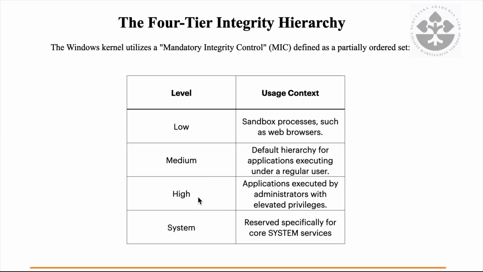But the high level is for applications that should be performed by the administrator with higher or elevated privileges. However, it doesn't mean that any local administrator has the same power as the system, because everything is granted to the system, as this is the core privilege.